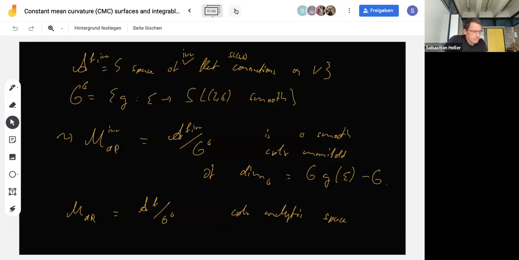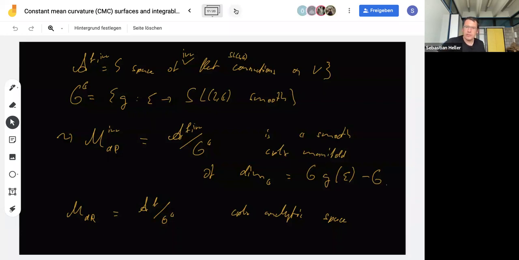I think I do not have too much time left, but we will see tomorrow basically that we only need to consider holomorphic maps into this finite dimensional space, in order to construct harmonic maps into compact Lie groups, or to construct minimal surfaces in the three-sphere, or CMC surfaces in R3.